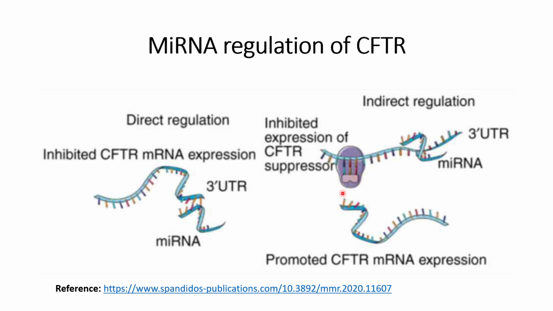It will not be able to interact with the CFTR promoter, and in this case mRNA can be translated at a higher rate compared to a condition where the CFTR suppressor is not inhibited, and thus microRNA promotes the growth of CFTR protein. So this is how microRNA can be used to regulate CFTR.